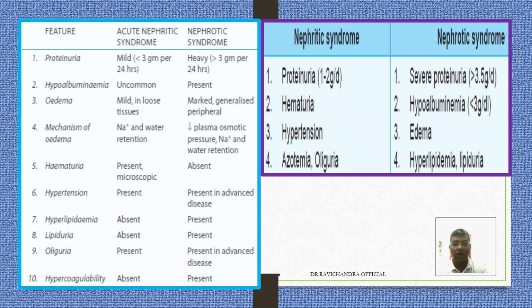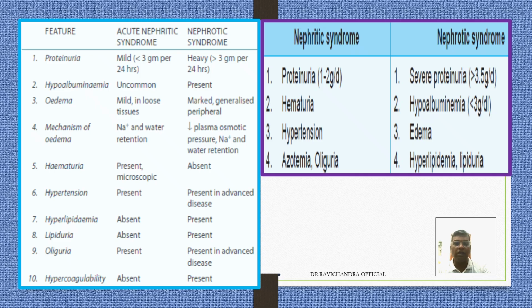Coming to oliguria, oliguria is decreased urinary volume in 24 hours, less than 500. Okay, so it is present in nephritic syndrome. It will be present in advanced stages in nephrotic syndrome. Hypercoagulability is absent in nephritic syndrome, and hypercoagulability is present in nephrotic syndrome.